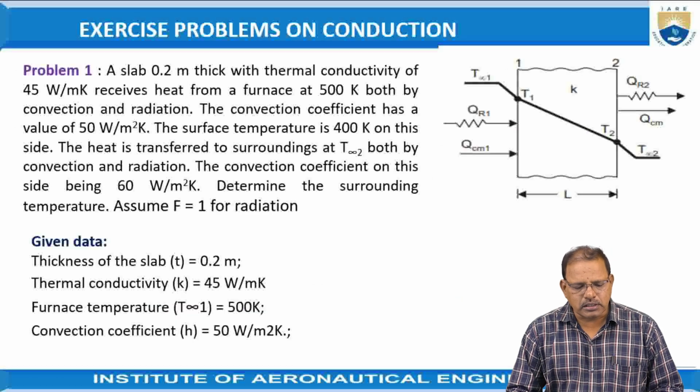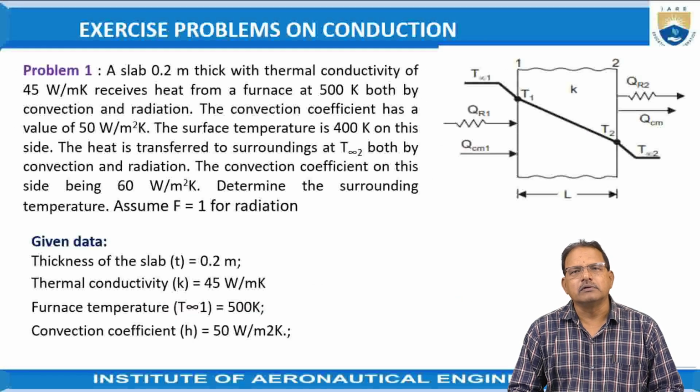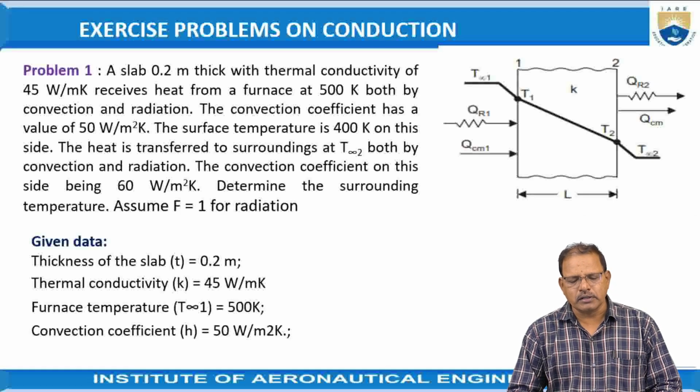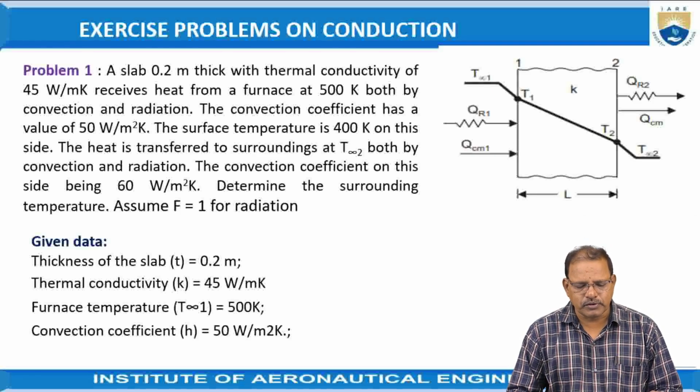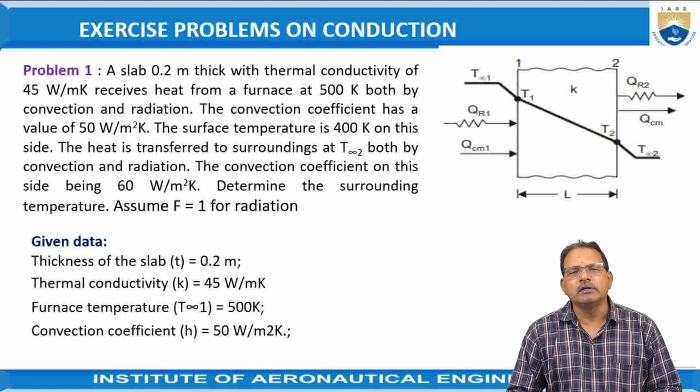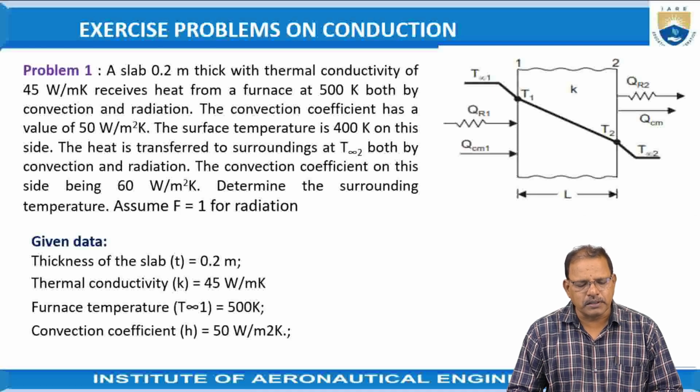Based on this content, one problem: a slab of 0.2 meters thickness with a thermal conductivity of 45 watts per meter Kelvin is heated by a furnace at 500 degrees, both by convection and radiation processes. The convection coefficient has a value of 50 watts per meter square per degree Kelvin.